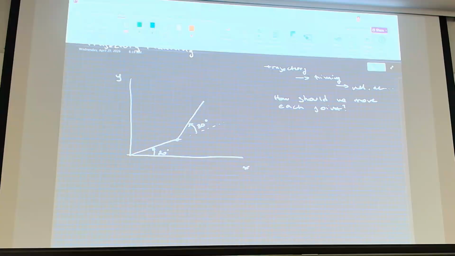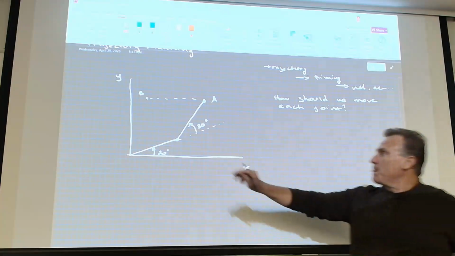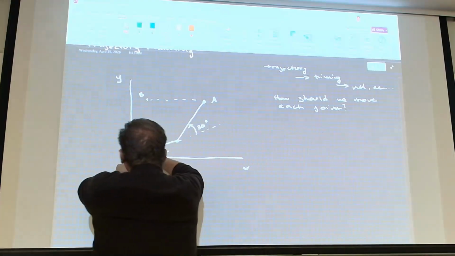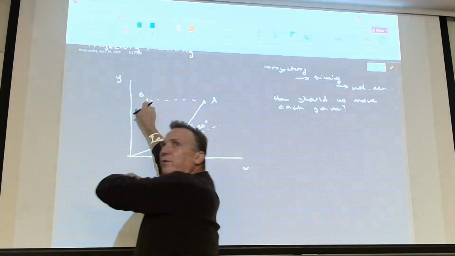So if this is my starting point, let's say this is A, and let's say this is B, I want this ending joint to be here. But now I can't, if I look at this, if I swing this around right here, this is going to be too long, won't it?